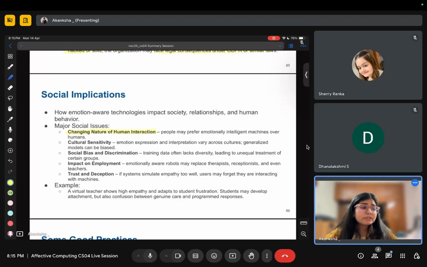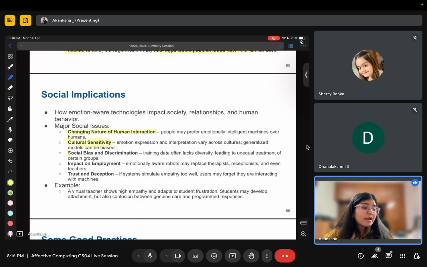So slowly the society's dynamic would be changing. Cultural sensitivity, मतलब इसको ये पता होना चाहिए, agents should know which things to say in front of which cultured people. Let's say I gave you an example, you look bigger. Now it might not be considered good in certain cultures, certain countries, but it might be taken as a compliment in some other situations.